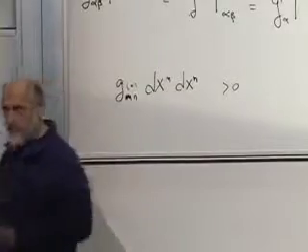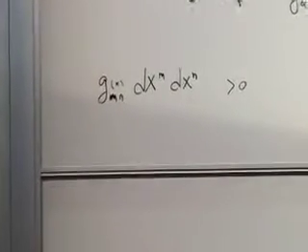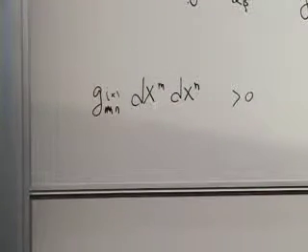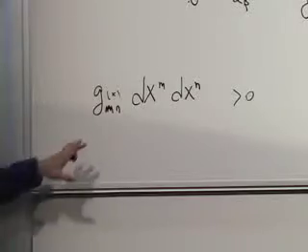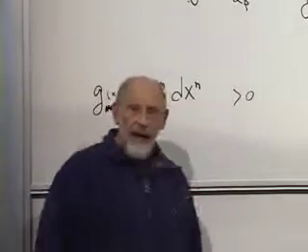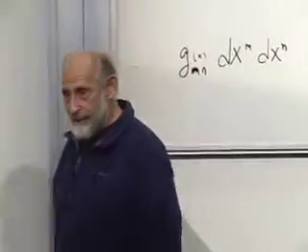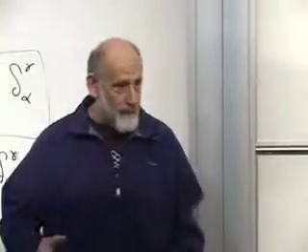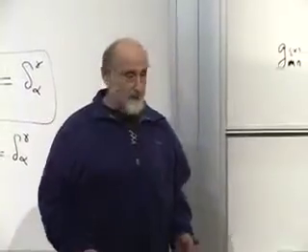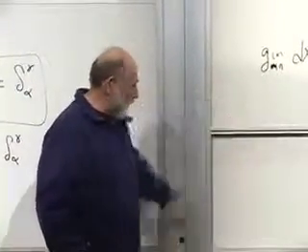The dx's could be small, they don't have to be infinitesimal, just small. Think of them as small little components of vectors. Every vector has a positive squared length. The square of any vector is always positive, and so this has to be greater than 0.